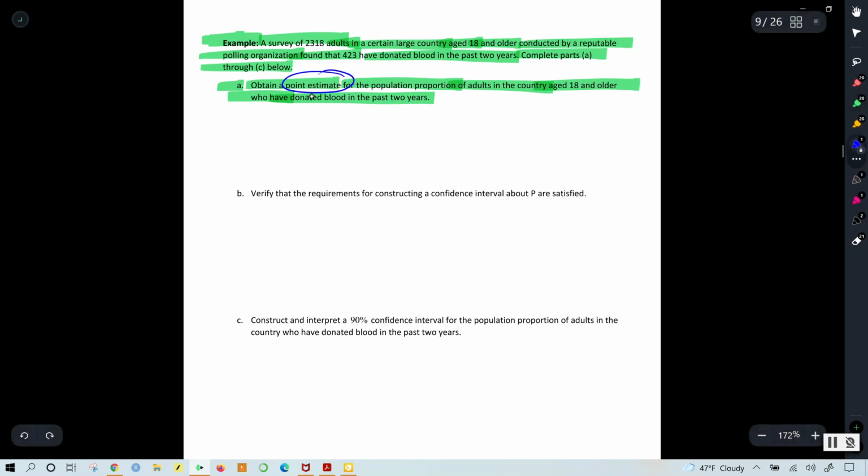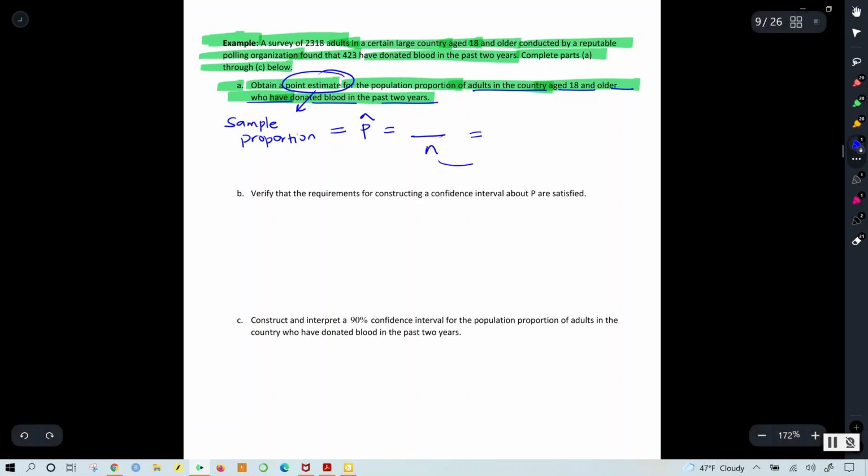For the point estimate, this is the sample proportion or the sample fraction of adults in the country aged 18 and older who have donated blood in the past 2 years. That will be represented by p-hat, and it will be out of the sample size.